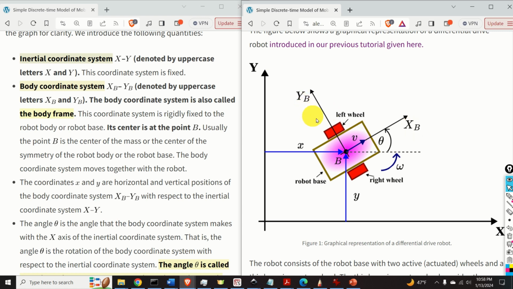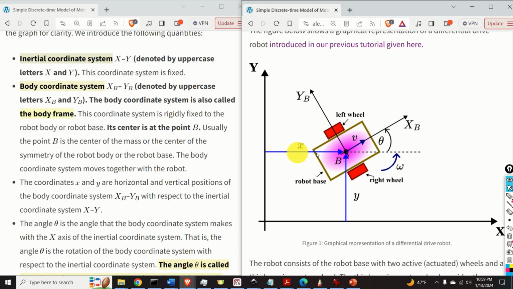The body coordinate system is also called the body frame. This coordinate system is rigidly fixed to the robot body or robot base. Its center is at the point B. Usually the center point B is the center of the mass or the center of the symmetry of the robot body or the robot base. The body coordinate system moves together with the robot.